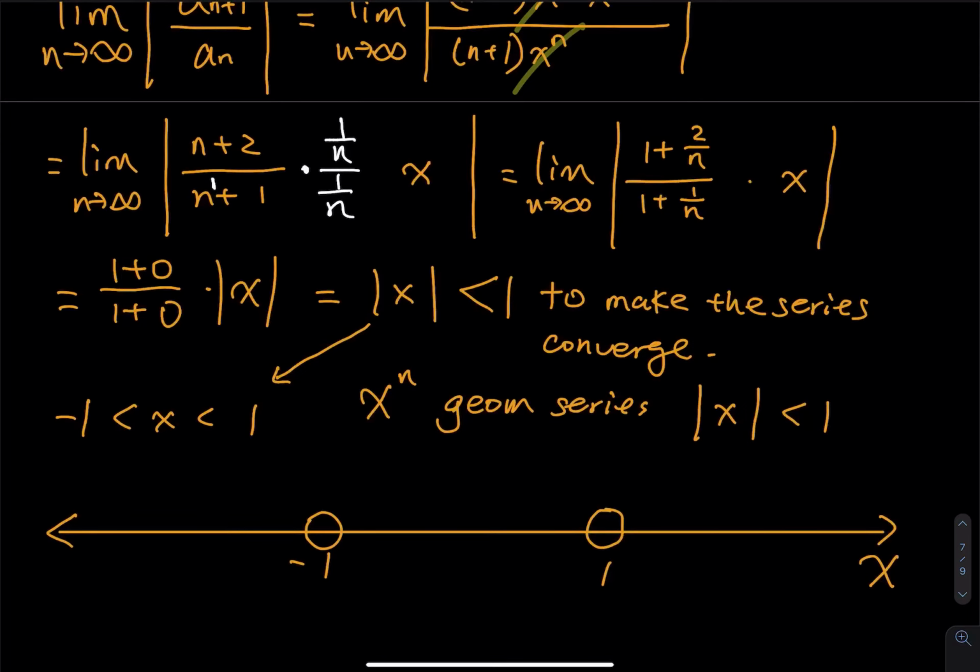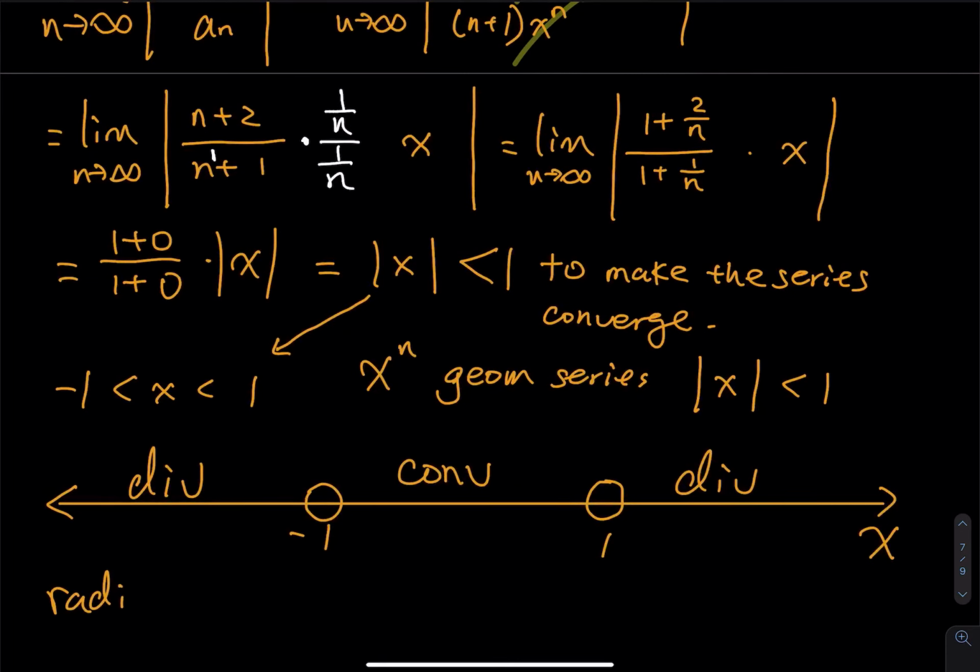Because in order to use a solid circle, you have to let x equal 1 and then test the convergence or divergence, and then let x equal -1 and test the convergence or divergence, because this method does not guarantee the convergence at the upper limit and the lower limit of this interval. So inside the interval the series converges, and outside of the interval the series diverges. So overall, for the radius of convergence, we write -1 less than x less than 1.